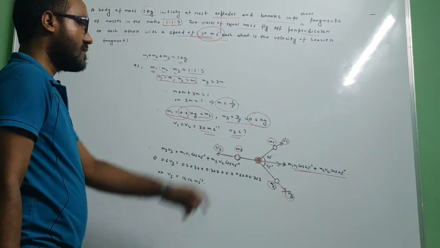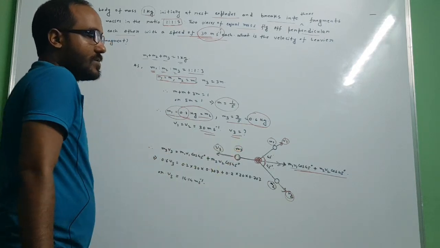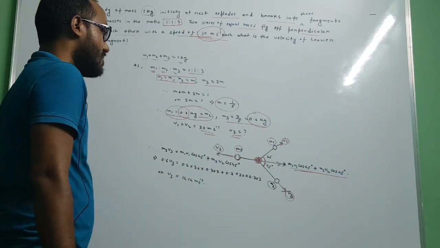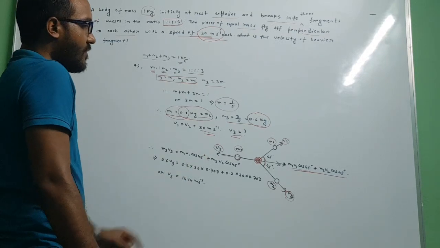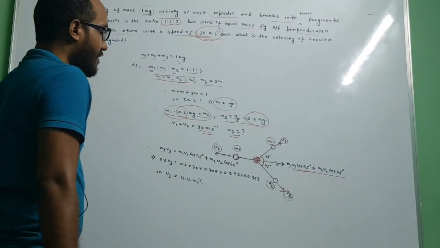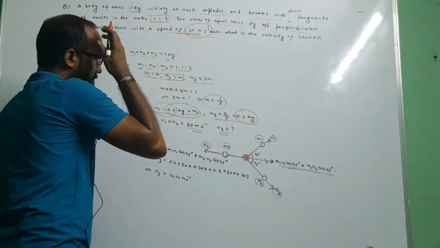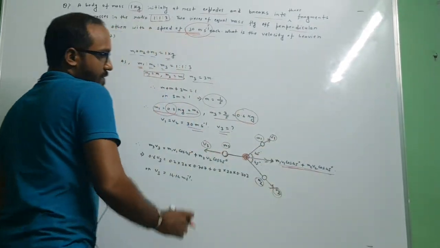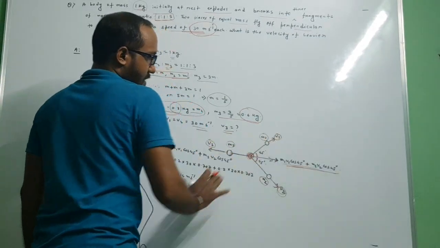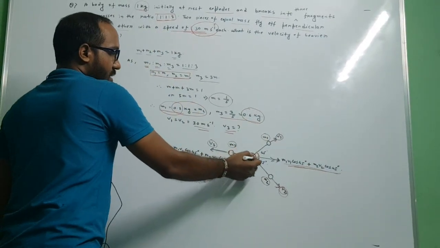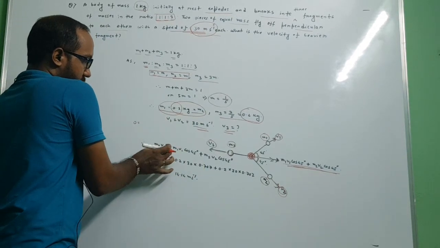From the conservation of linear momentum, the total momentum is conserved, so momentum before collision should be equal to momentum after collision. The momentum after collision is m1 v1 cos 45 plus m2 v2 cos 45 in the right hand side direction, and minus m3 v3 in the left hand side direction. The initial mass is at rest, so the initial momentum is 0.